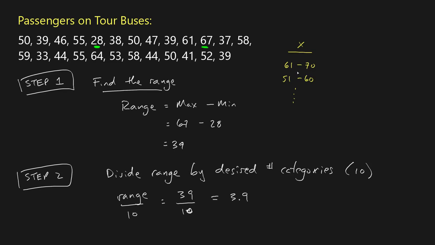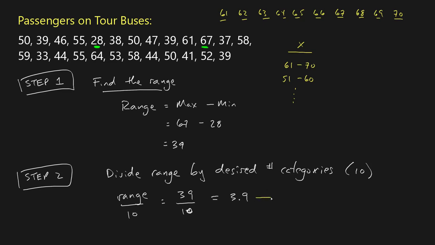These are categories that have a width of 10, because if you count these up, they include the numbers 61, 62, 63, 64, 68, 69, 70. Okay, so count these numbers. There's 1, 2, 3, 4, 5, 6, 7, 8, 9, 10. Even though it doesn't go from 60 to 70, this covers 10 possible values. So this would be a category with a width of 10.